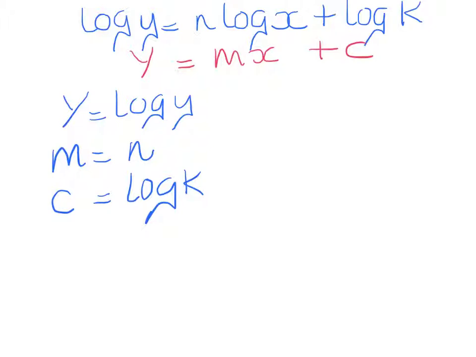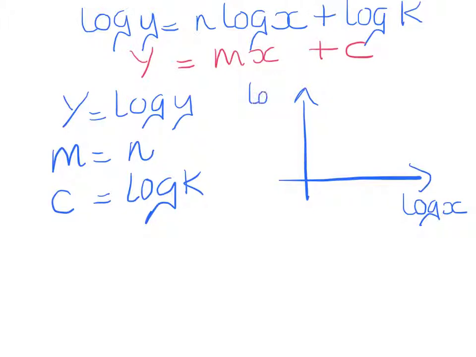If I was to graph these variables, rather than graphing x and y, if I was to graph the log of x and the log of y, instead of seeing that exponential function, I'm actually going to see a straight line.